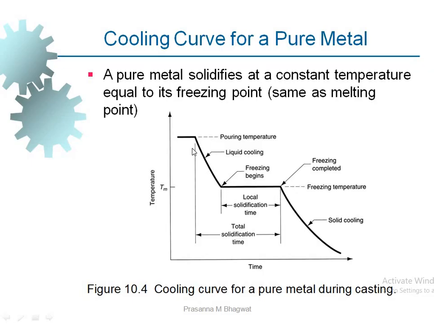When we pour the metal, it will suddenly cool and come down below the freezing point up to here, and then it will stop and start freezing again. The temperature goes on decreasing up to this level, and again at this point it starts rising, and from here it will start freezing. That is called the actual cooling curve for the pure metal. This is the ideal cooling curve, and here the metal will not freeze exactly at this point but below it, and this is called the undercooling process.